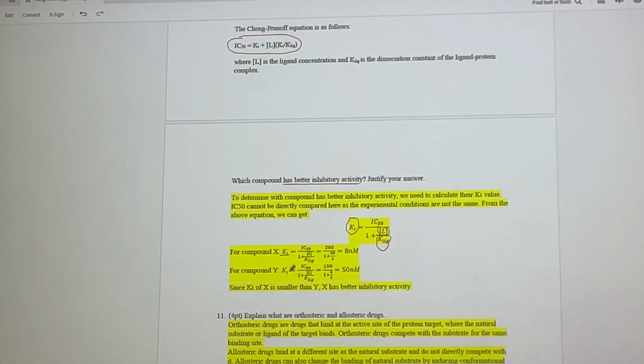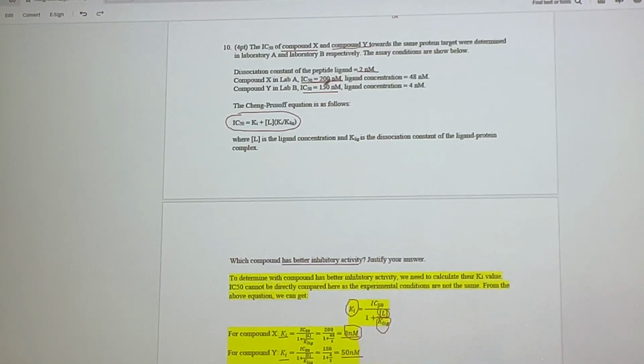When you calculate the Ki, these numbers can be directly compared, and a smaller Ki represents a more potent drug. Now we calculate that the Ki of X is smaller than that of Y, so we say that X has a better inhibitory activity than Y, even though the IC50 of X is actually larger.